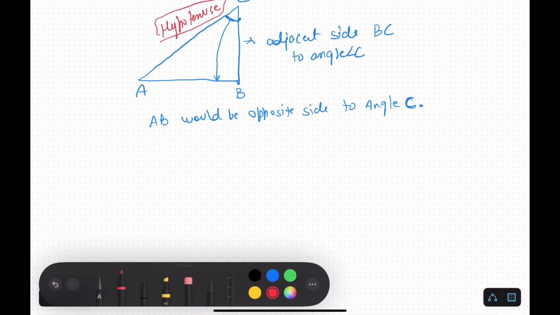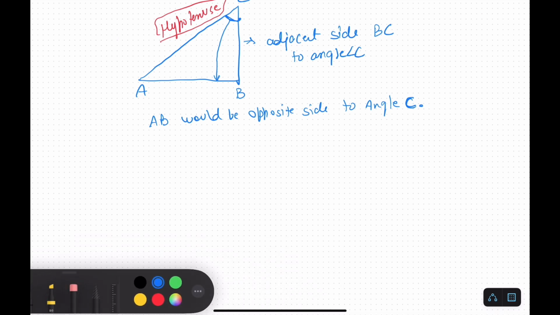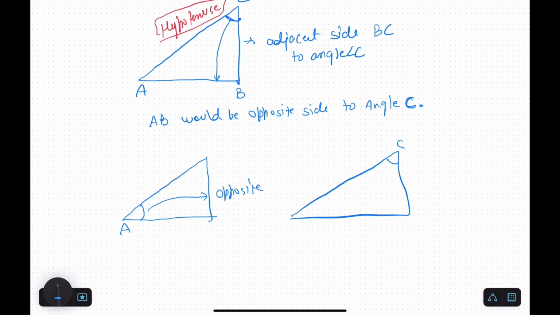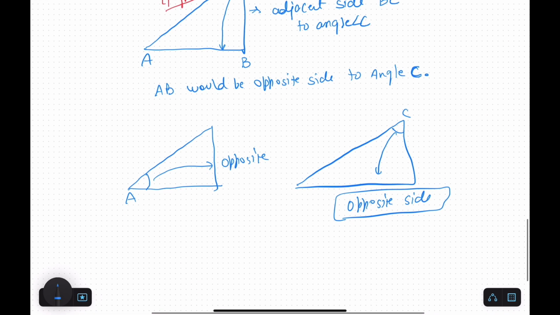In different situations, for example, if the angle is this one, this would be the opposite side. And if this is C, this would be the opposite side. Students make a lot of mistakes over here, so learn this very carefully: the opposite side and the adjacent side.